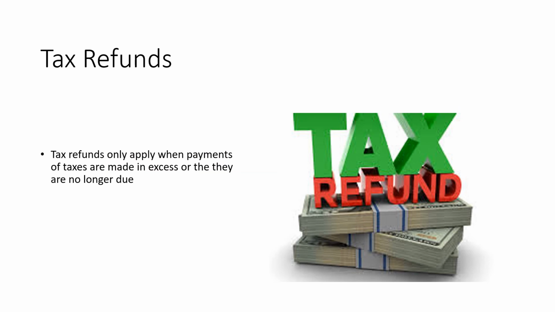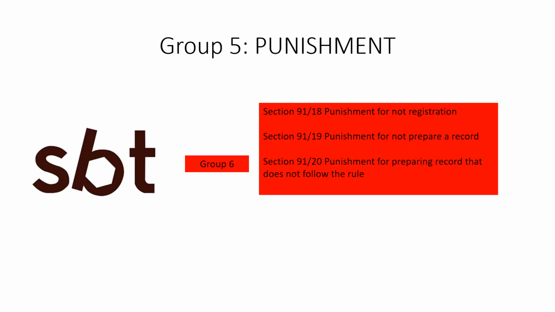And on the other side, in case you pay more than you have to, this means you are entitled to a tax refund. This means the SBT payment is in excess of what you have to pay. In this case, you are entitled to a tax refund, but you need to apply within 3 years, right?